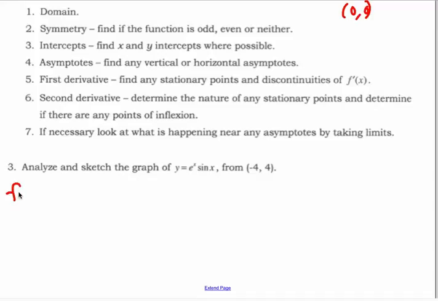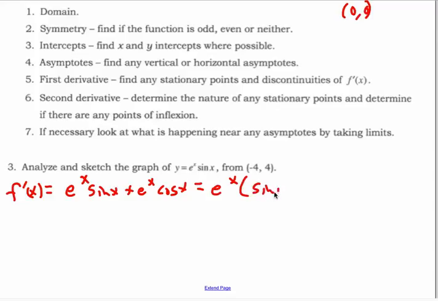So the first derivative is equal to, using the product rule, e^x sin x plus e^x cos x, alright, which equals e^x outside of (sin x plus cos x).